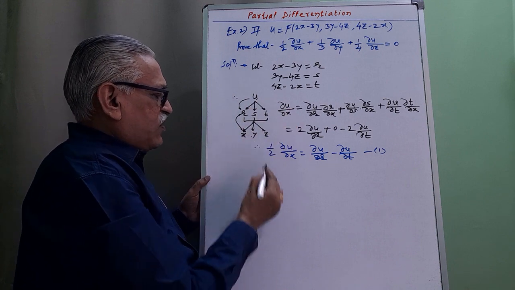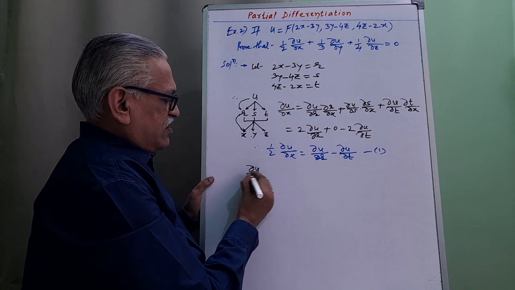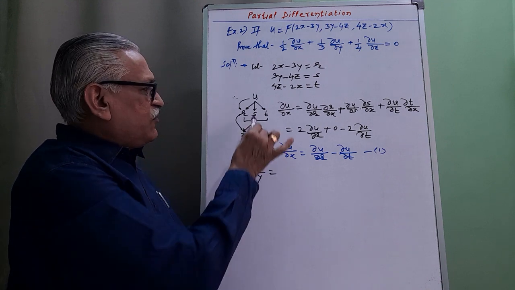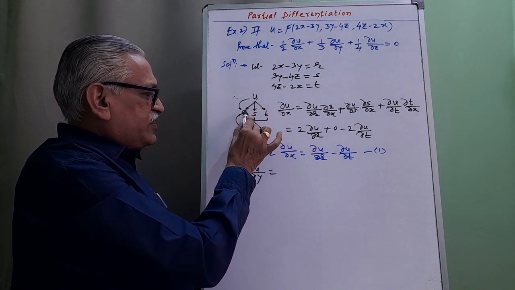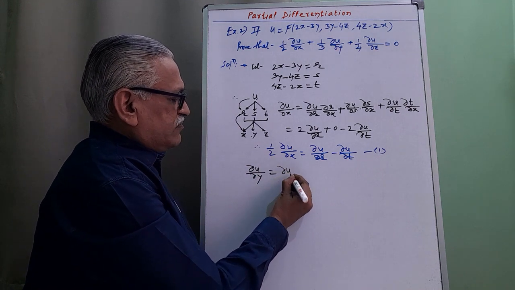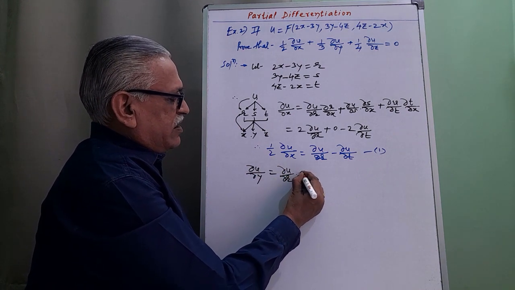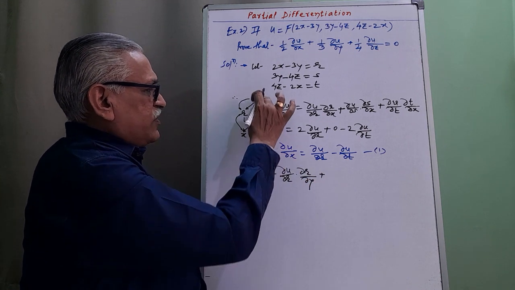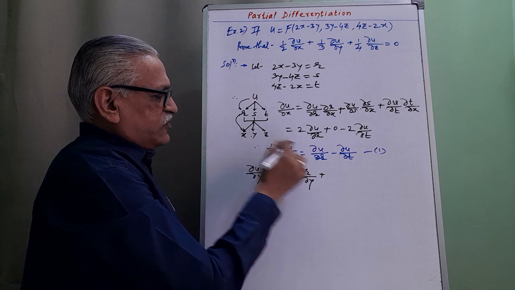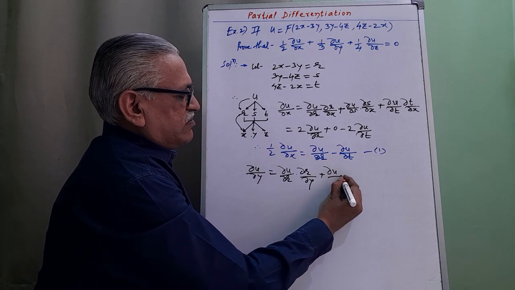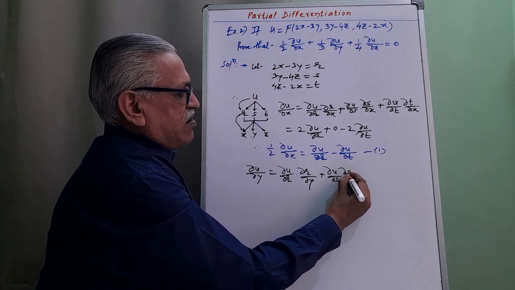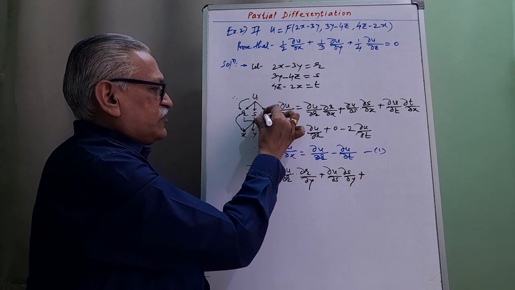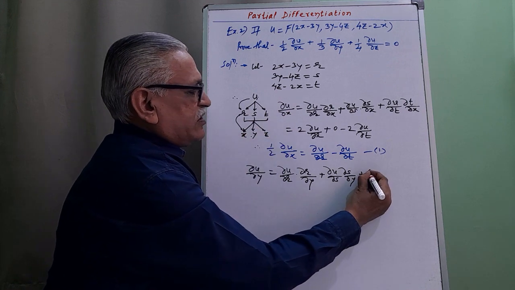Differentiating u with respect to y, again direct differentiation is not possible, therefore we apply the same technique, differentiating u with respect to r and the derivative of r with respect to y, differentiating u with respect to s and s with respect to y, differentiating u with respect to t and t with respect to y.